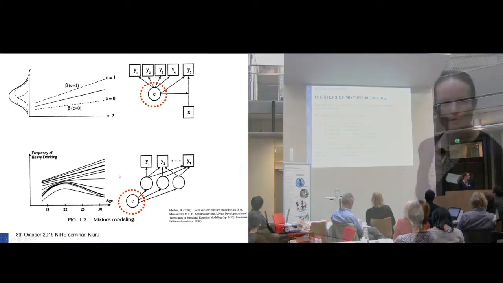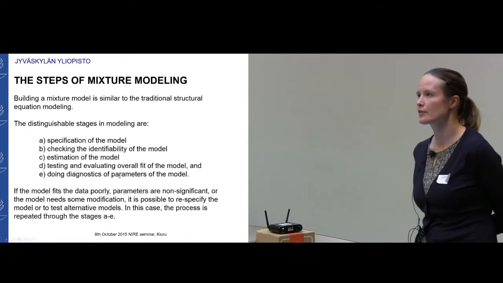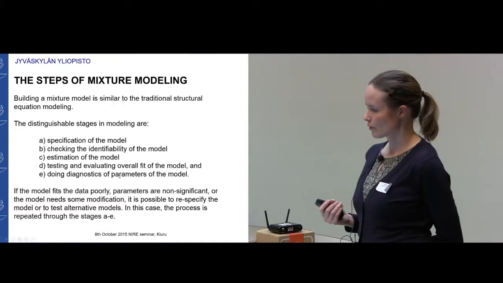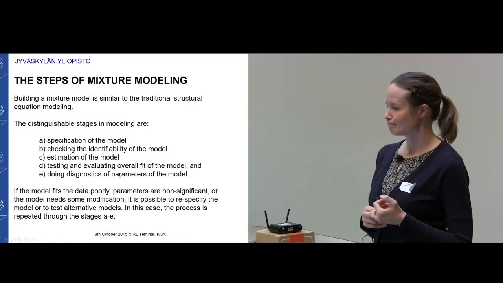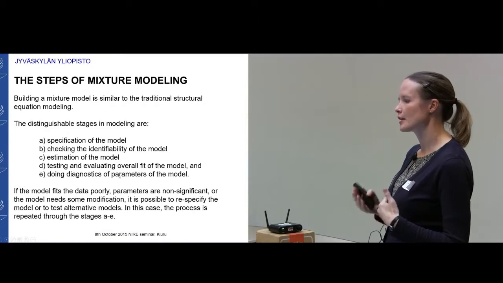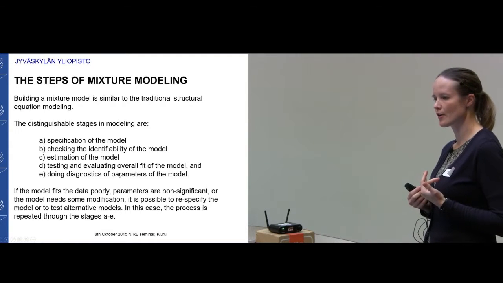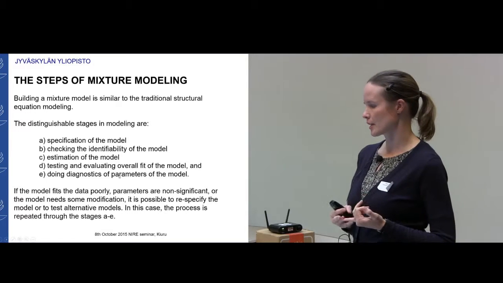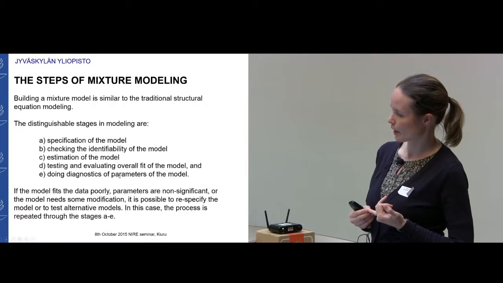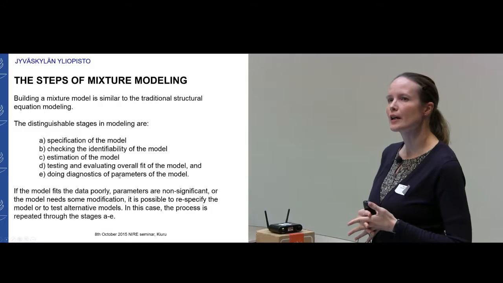About the steps of mixture modeling, when you carry out it in this model-based way, with a statistical model in there, the building phases are similar as in traditional structural equation modeling. First, specification of the model.